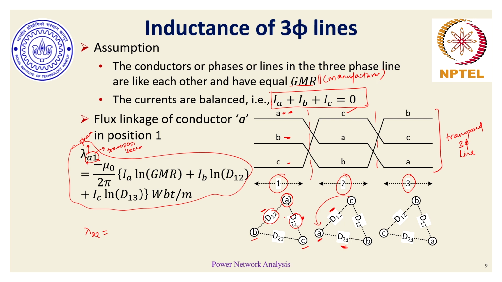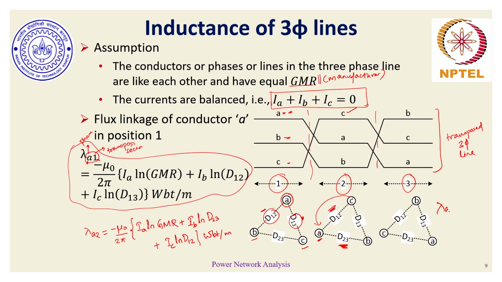So lambda A2 would be minus mu naught by 2 pi into IA natural log of GMR, which is the self radius, plus IB, and now conductors B and A are spaced apart at distance D23, so natural log of D23, plus IC, the C conductor and phase A conductor at distance D12, so natural log of D12, Weber turn per meter.